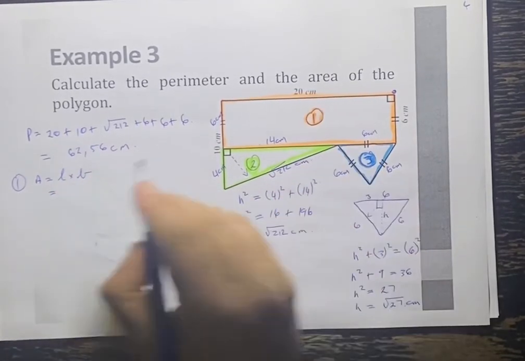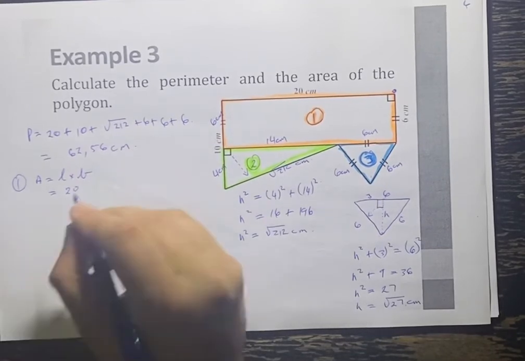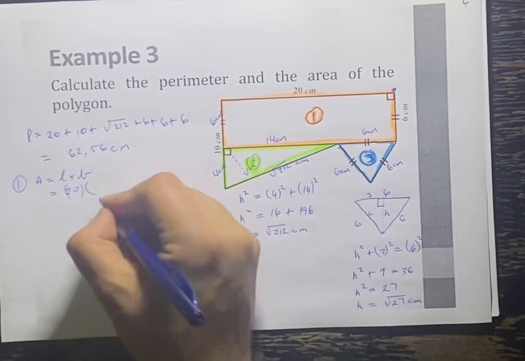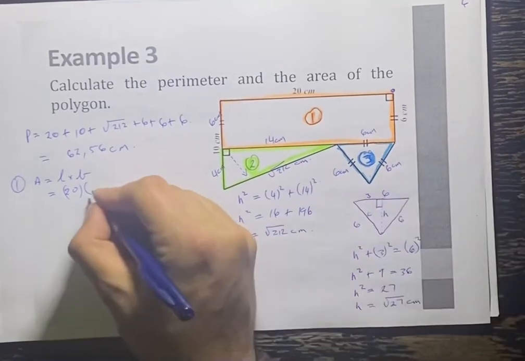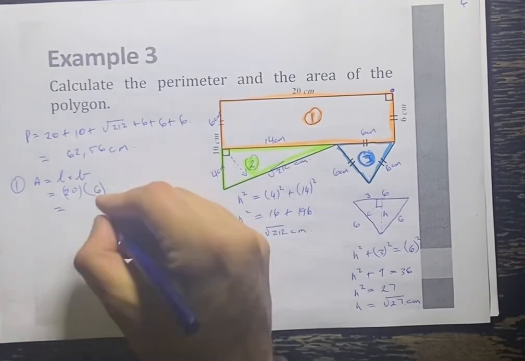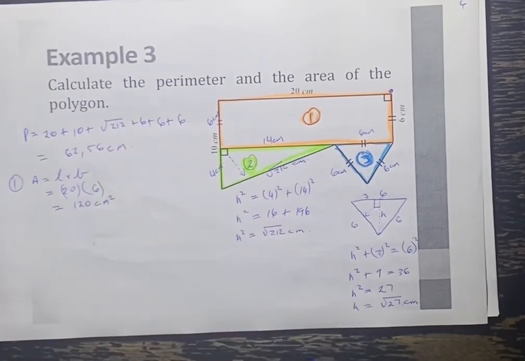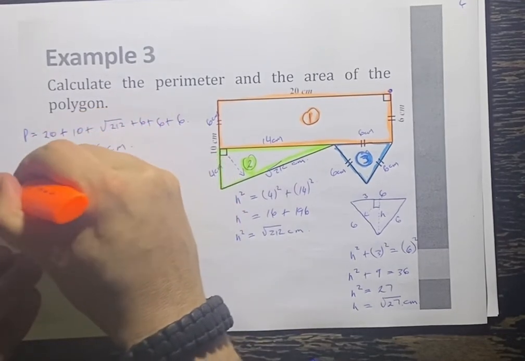So our length here is 20, multiplied by 6. And 20 times 6, we get 120 centimeters squared. So that is the area for shape 1.